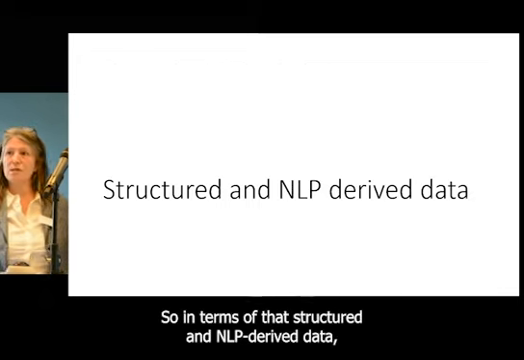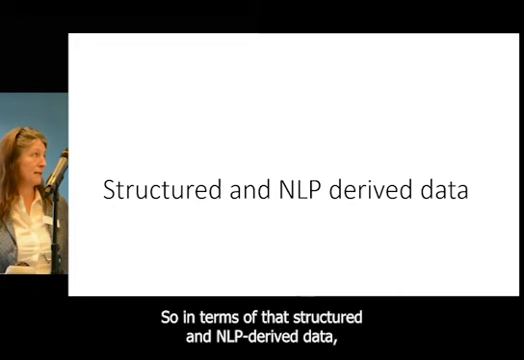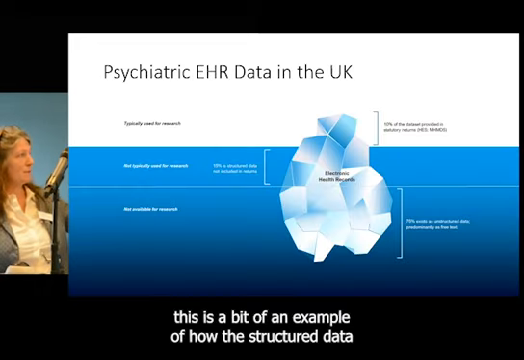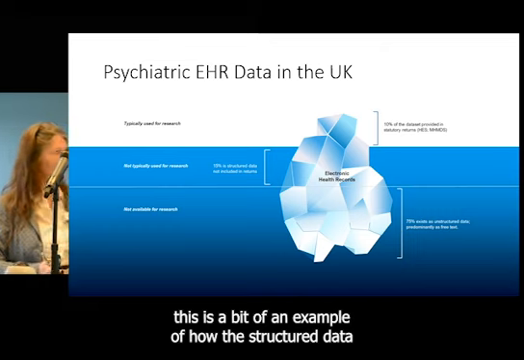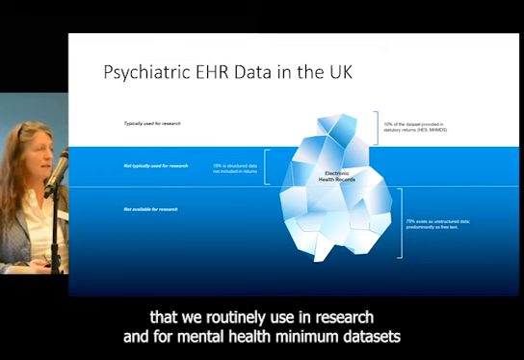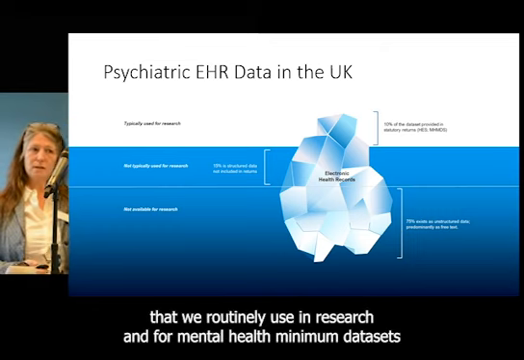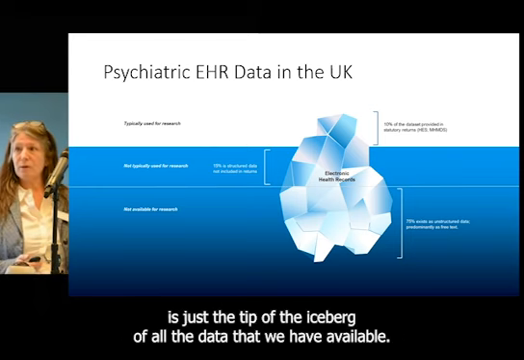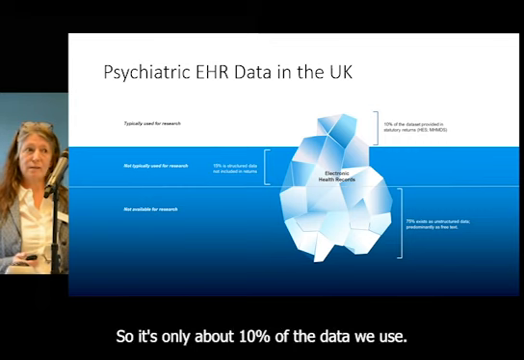So in terms of that structured and NLP derived data, this is a bit of an example of how the structured data that we routinely use in research and for mental health minimum data sets is just the tip of the iceberg of all the data that we have available. So it's only about 10% of the data we use.